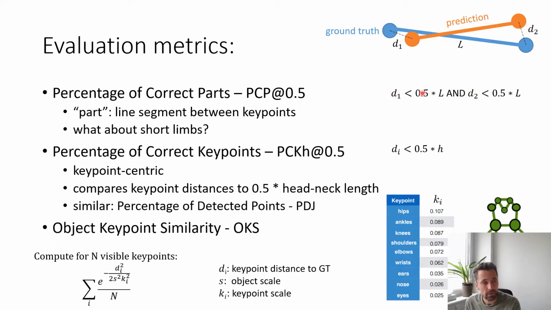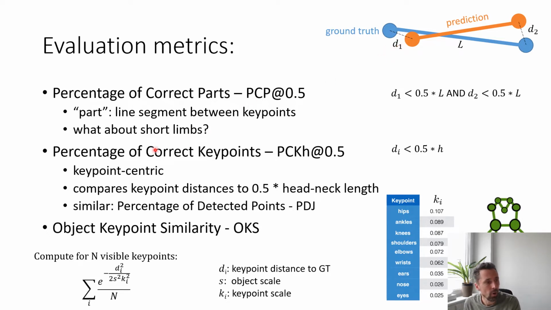Yeah, first distance needs to be smaller than half the length, and the second distance too. Now, that may run into a problem if you have short limbs, because then the precision that you want your network to have for those key points is much higher, so it needs to be in a smaller radius around that.